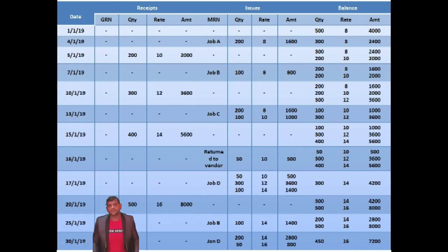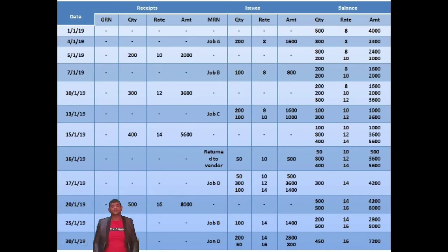Next we are moving on to 16th January 2019. There is no receipt entry, so directly GRN nil, quantity nil, rate nil, and amount nil. Go to the MRN column. This is the entry, return to the vendor, when I am sending the goods from the stores to my supplier.